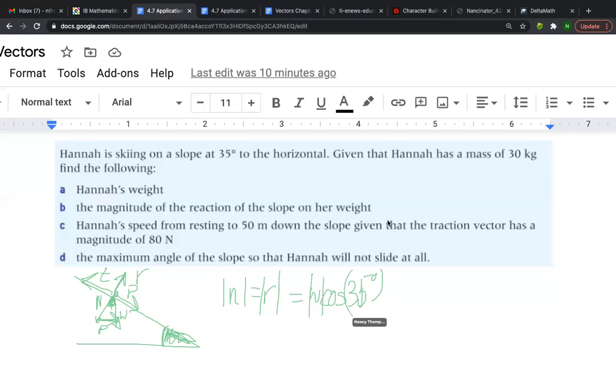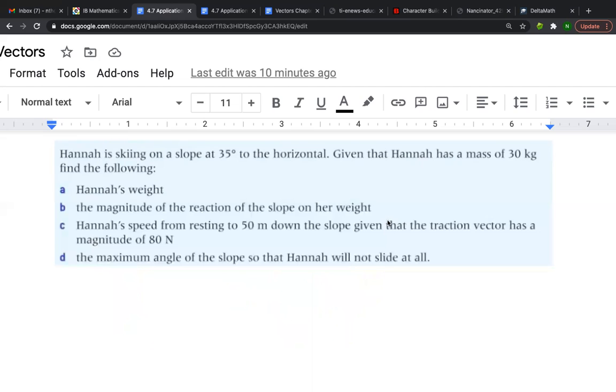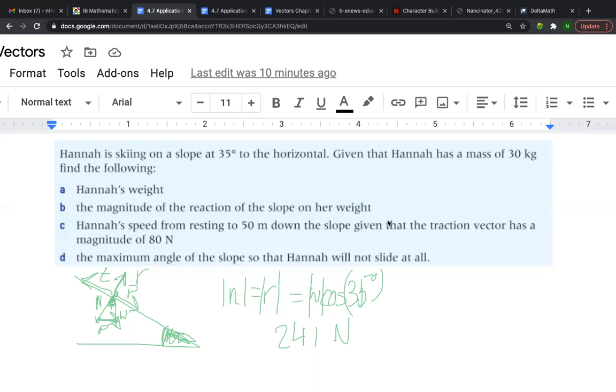Okay, so once you plug that in, the magnitude of the reaction of the slope on her weight would be 241 newtons. And then from there, we follow the same premise for her speed from resting to 50 miles per hour. It starts the same way. The first step is to figure out what P is, which would be her moving down the slope.